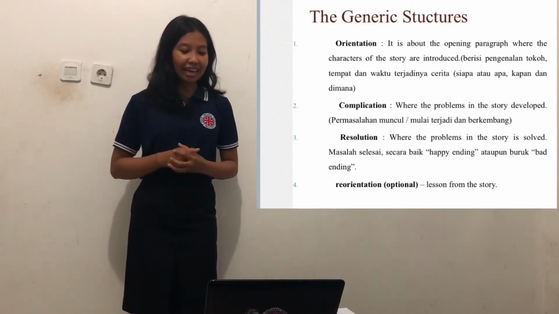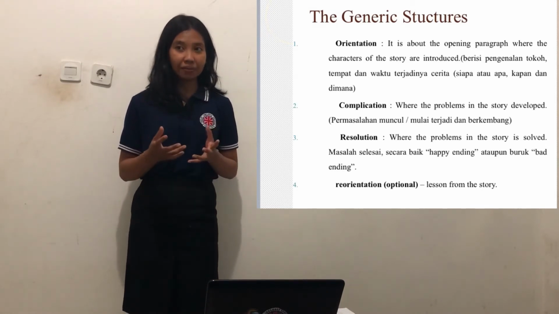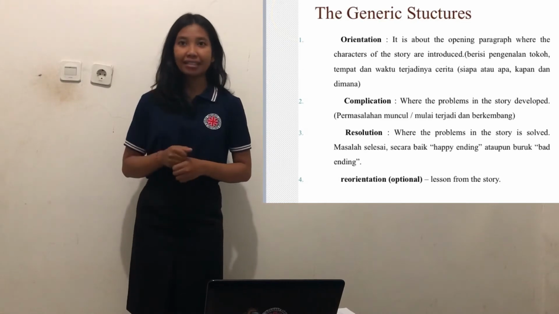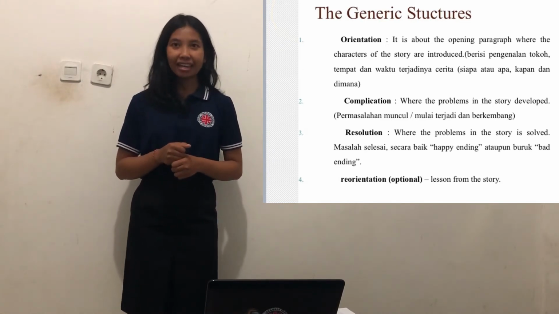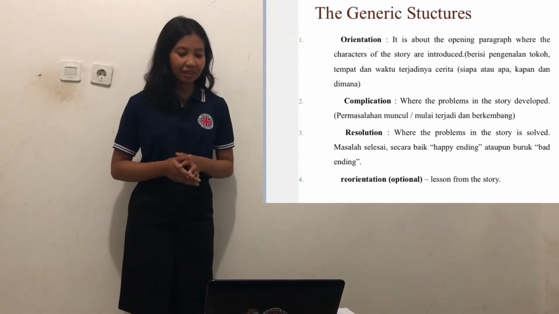Well done. Where the problem in the story is solved. And the last structure of narrative text. Okay, Ogi, would you like to explain it? It contains the lesson from the story, ma'am. Alright, it contains the lessons of the story.